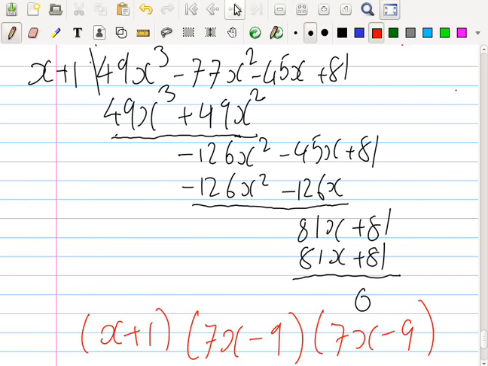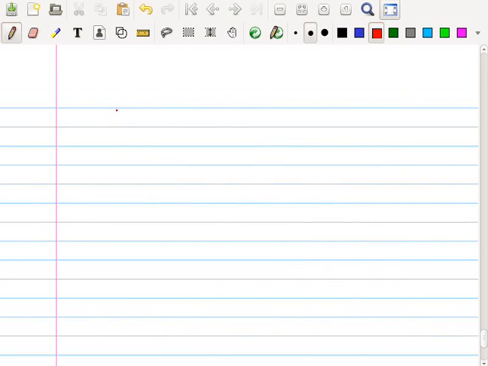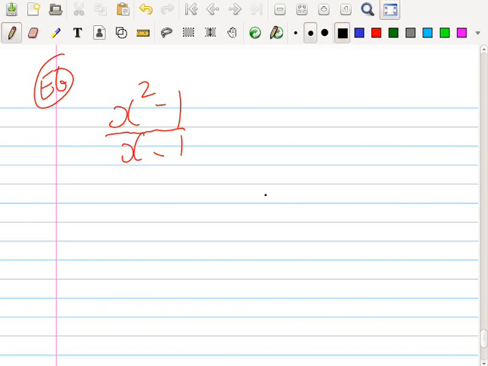Okay, last one now. I want you to simplify x squared minus 1 all over x minus 1. I know there's other ways of doing this and there's special rules and all that, but the reason I have question 5 here is to show you that long division is really good, even in situations where it looks like it wouldn't work because you have more than one variable, where you have x and y.